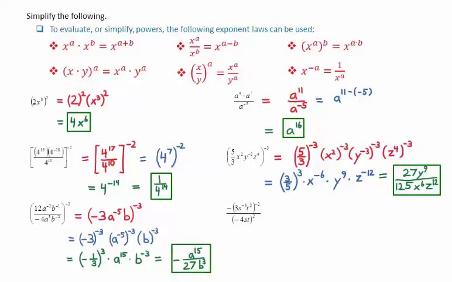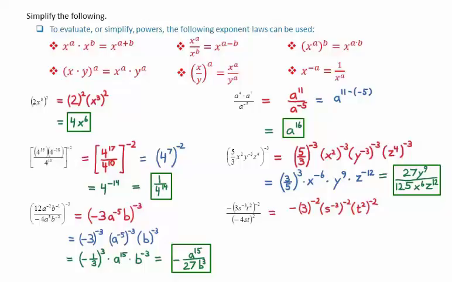For the last question, everything within the brackets on both the numerator and denominator must be raised to the exponent outside. This means that we have negative, and then 3 raised to the negative 2, s to the negative 3 raised to the negative 2, and t squared raised to the negative 2.